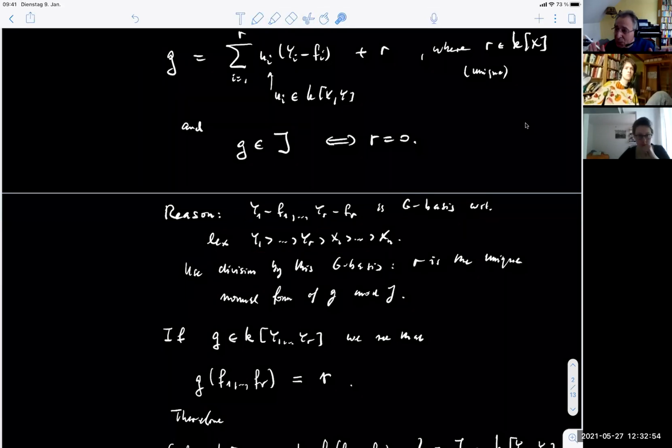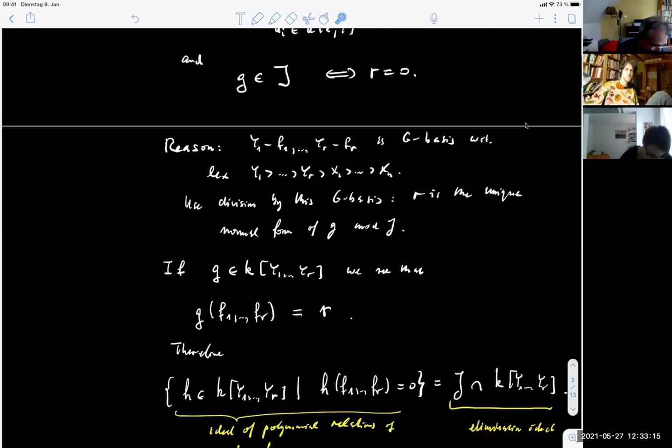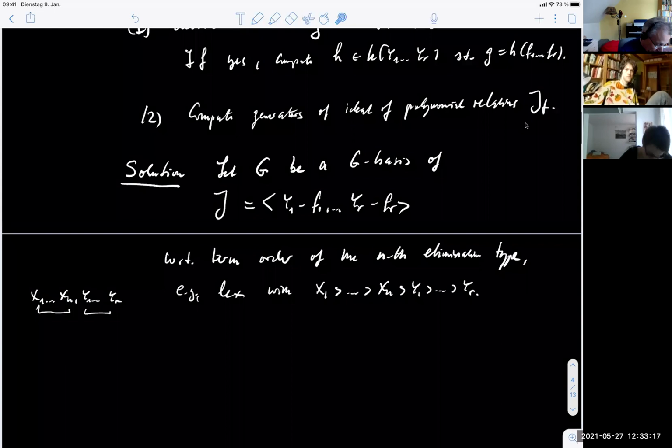And there we don't have to do any computation. The Gröbner basis is just there. But now we work with a different term order. Now we want to look at the term order where the x are big. And then it's a completely different story. Then this transforms into something which is possibly complicated. Okay, so we do this.